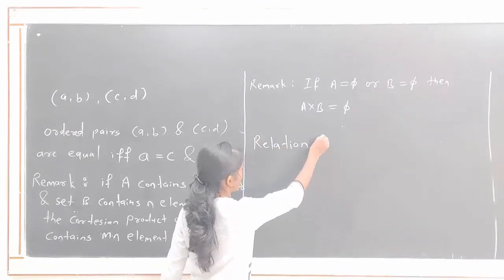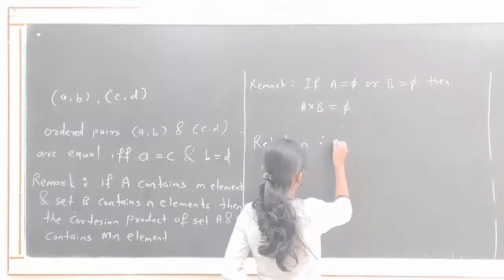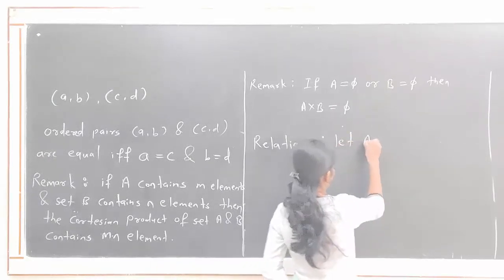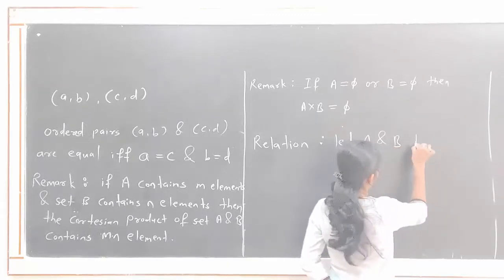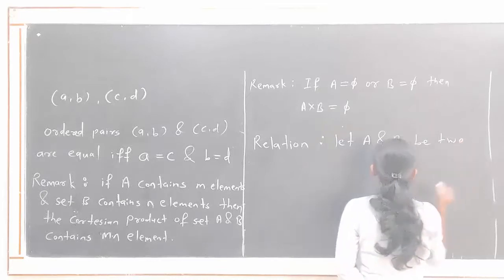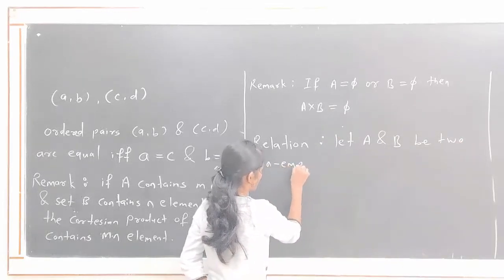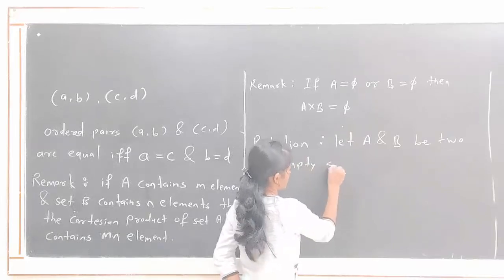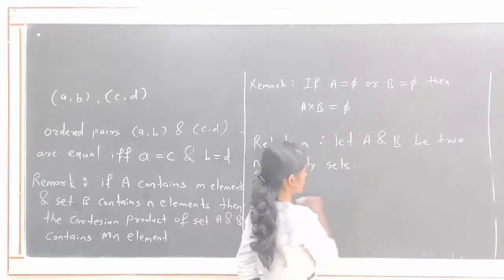Relation. Definition. Let A and B be two non-empty sets.